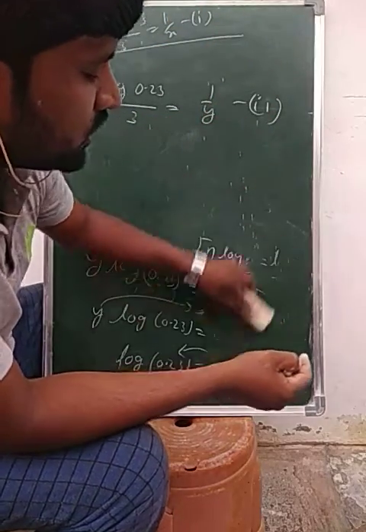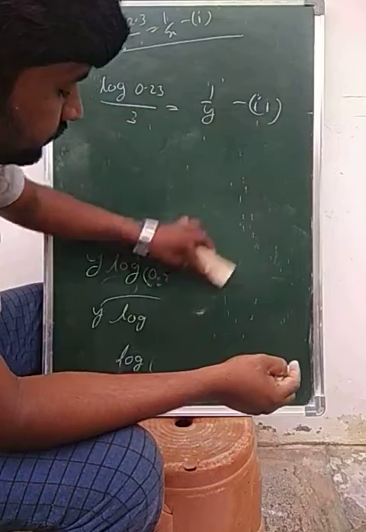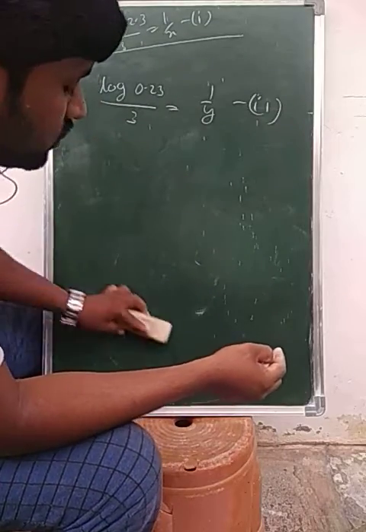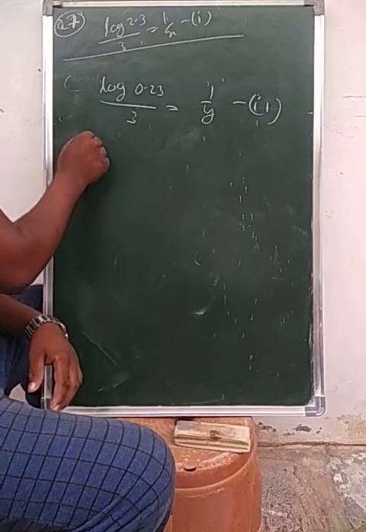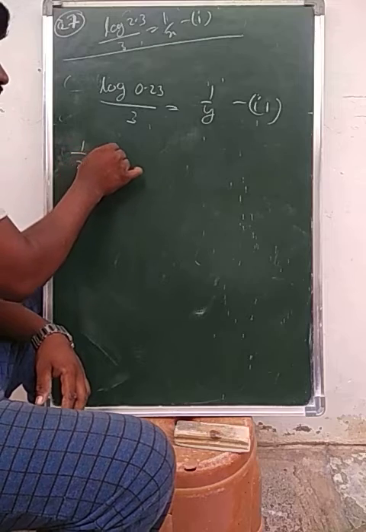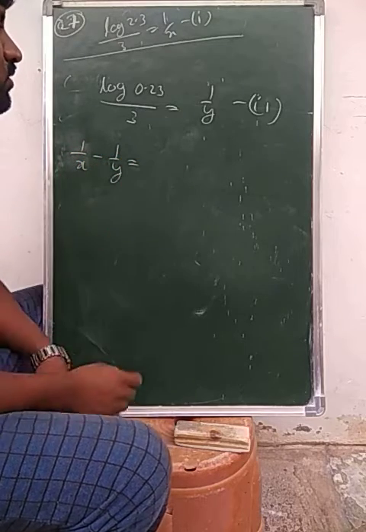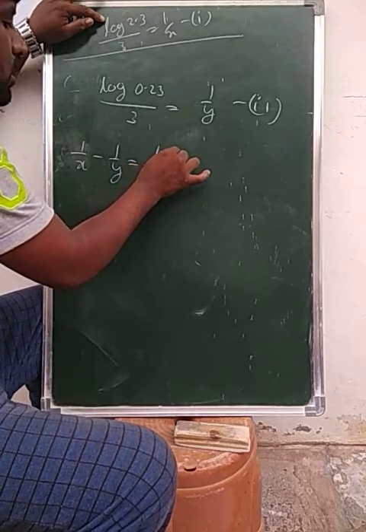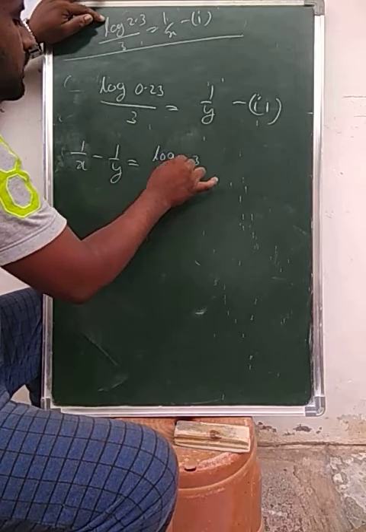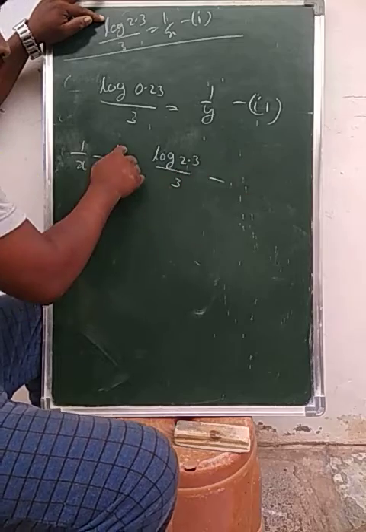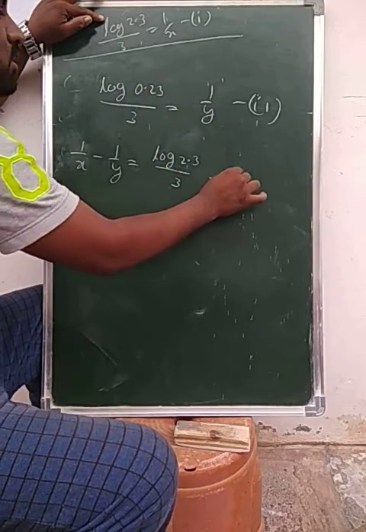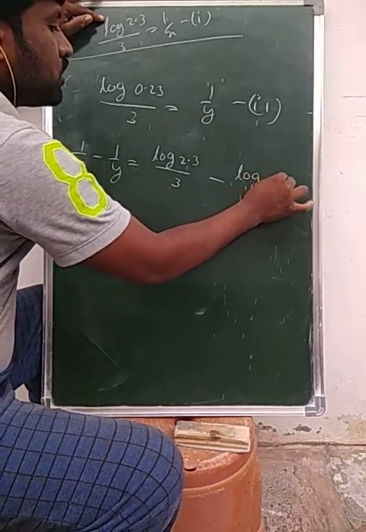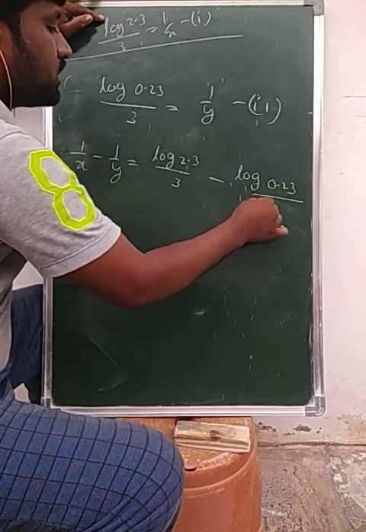Now what do we want here? What we want is the value of 1 by x minus 1 by y. Yes or no? 1 by x means log of 2.3 by 3, minus 1 by y means log of 0.23 by 3.